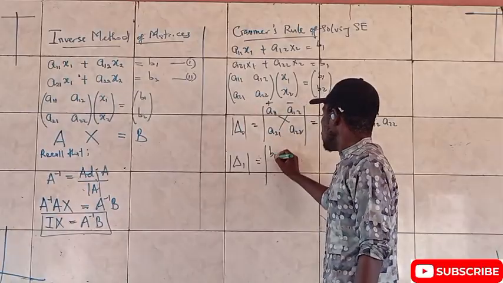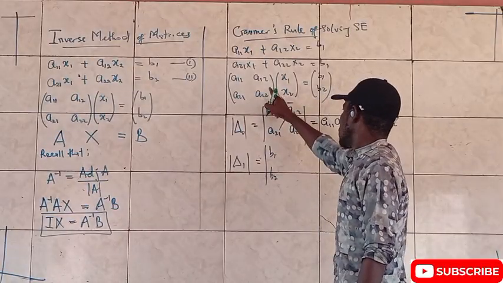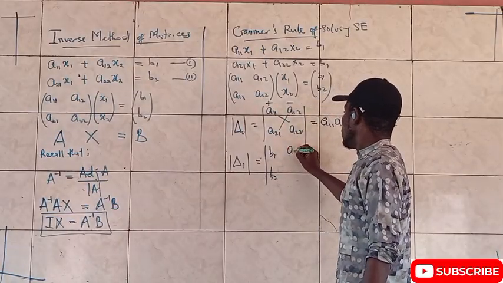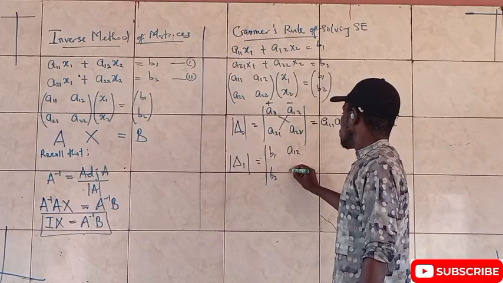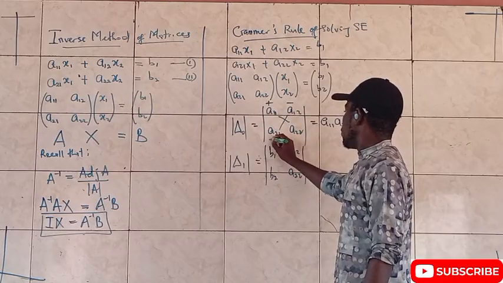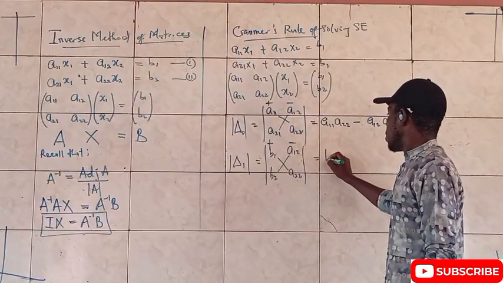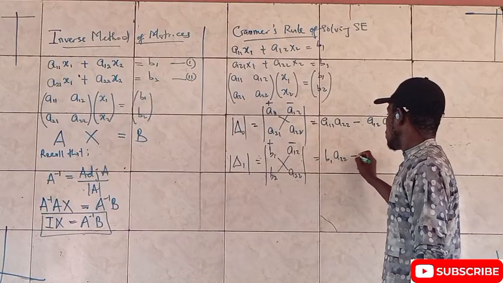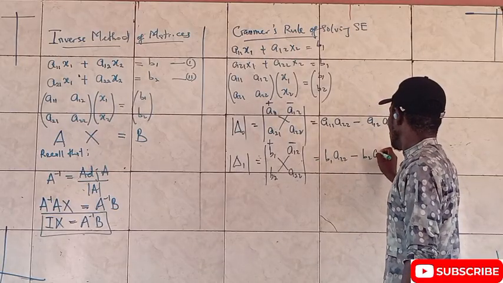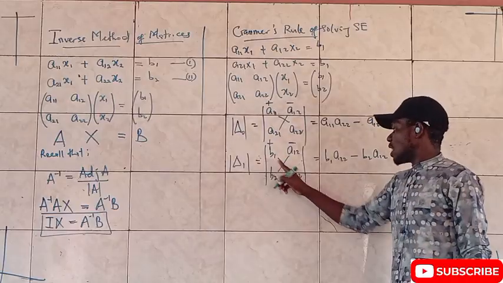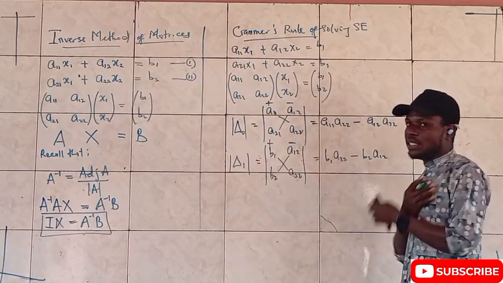So it becomes B1, then B2, then I just replace it, write A12 and A22. I will do the same by finding the determinant. Then it becomes B1, then A22 minus B2, then A12. This times this, then this times this, then I have my determinant.